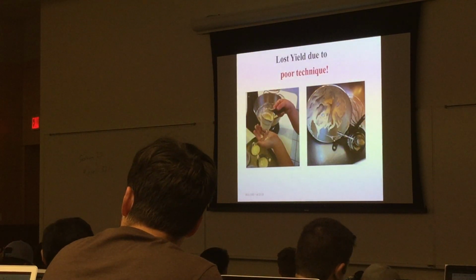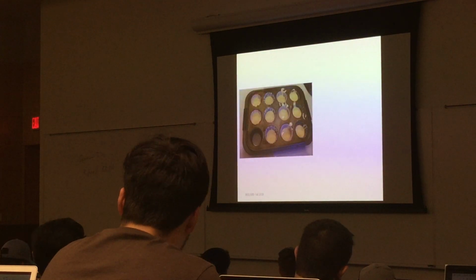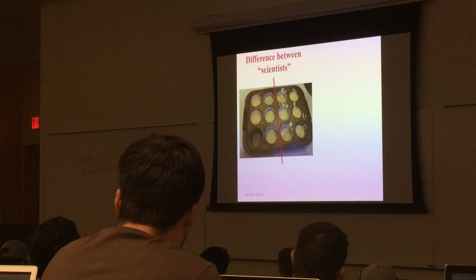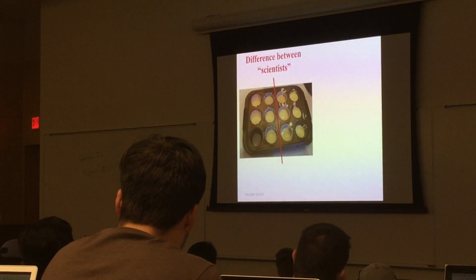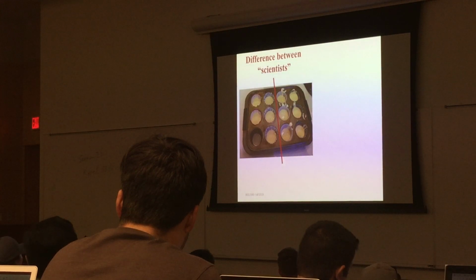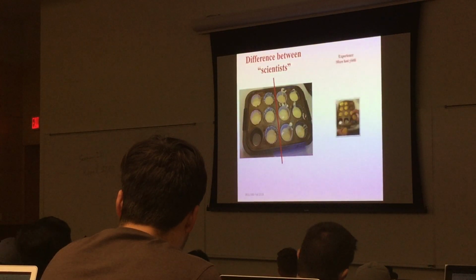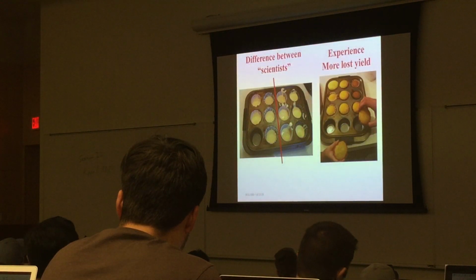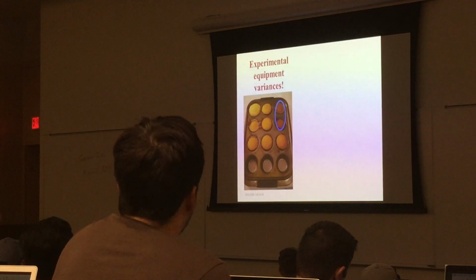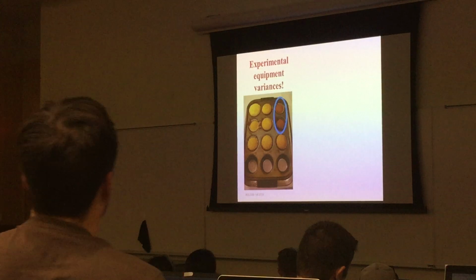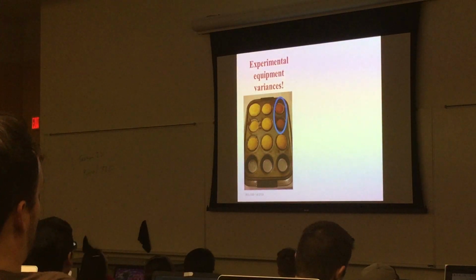You know, I do that too, but that's lost yield due to poor technique. Oh, there you go. Differences between scientists. Who did the one on the left and who did the one on the right? You're also going to experience more loss in the process. Something's going to happen. Okay? And there's always experimental variances with the equipment.